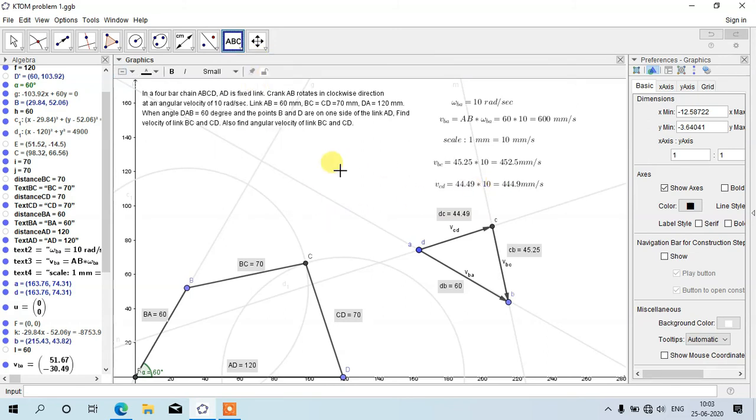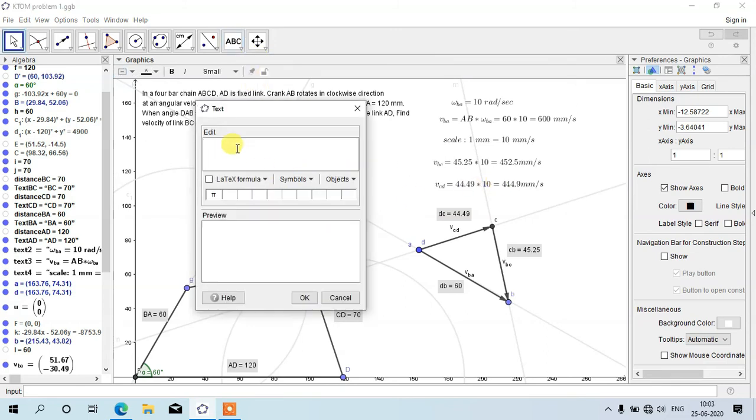Next. Angular velocity is represented by omega.